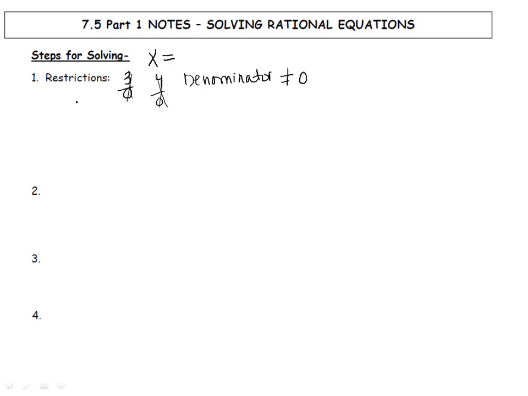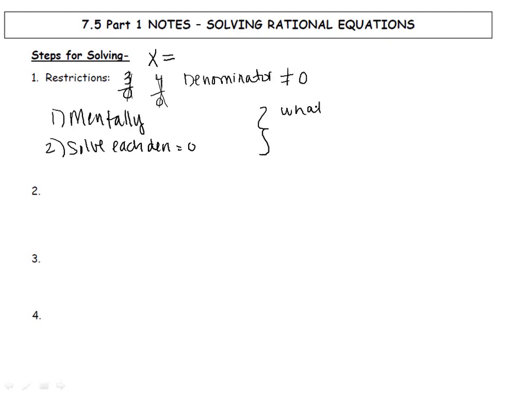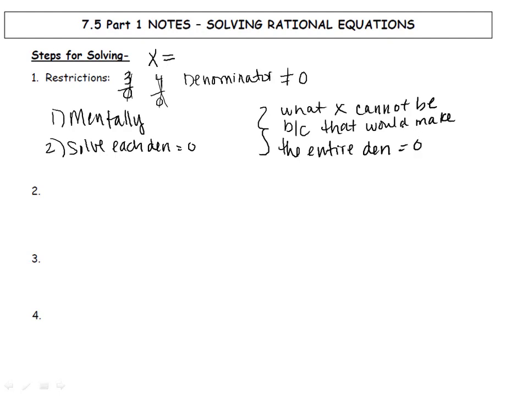So if I have to figure this out, I can either do this mentally, or I can solve each denominator by setting it equal to 0. But in essence, what you're doing is you're trying to figure out what x cannot be, because that would make the entire denominator equal 0.